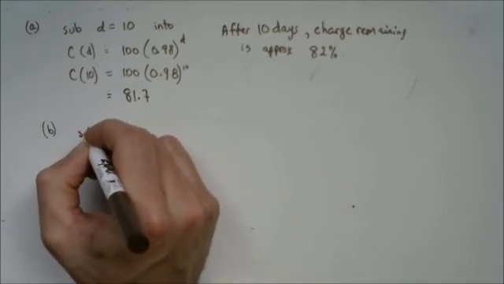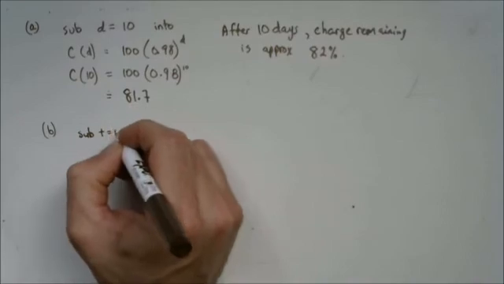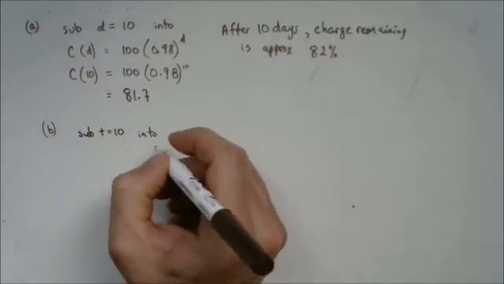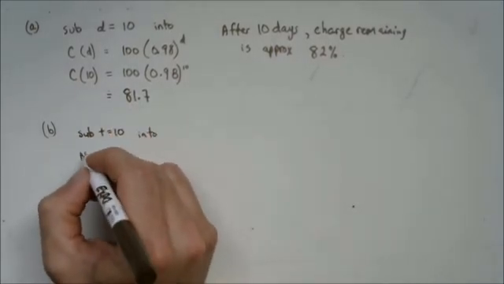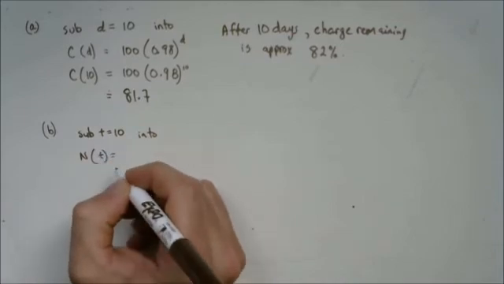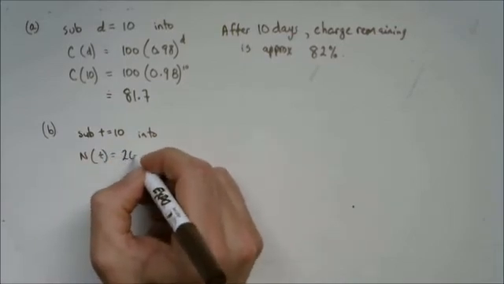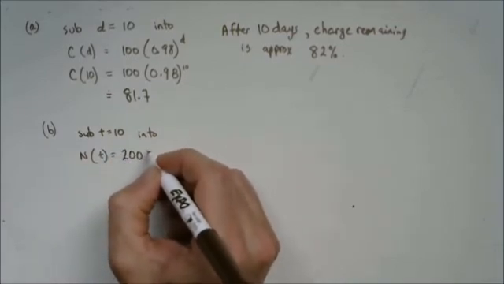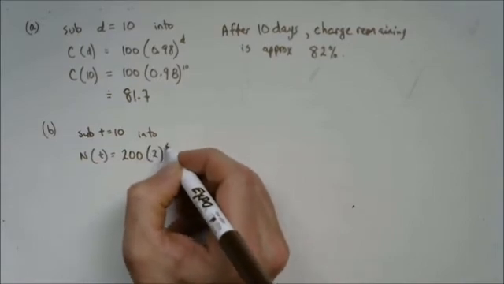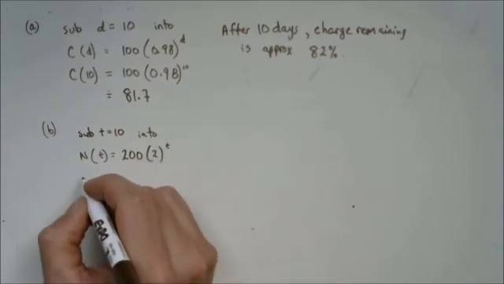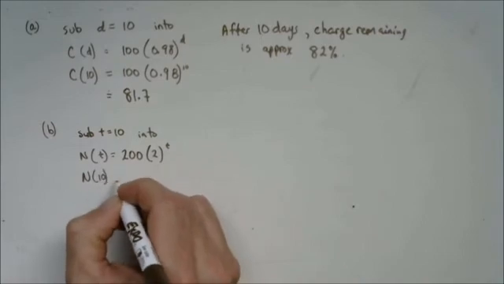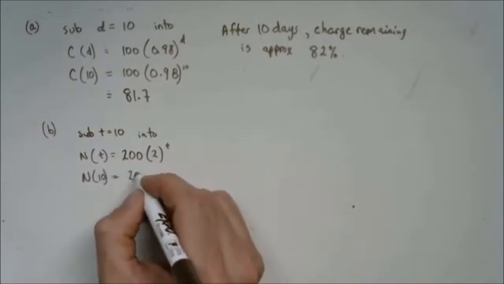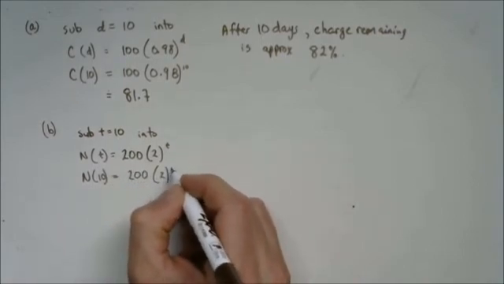So we're going to sub t equals 10 into n with respect to t equals 200 times 2 to the power of t. So we've got 200 times 2 to the power of 10.